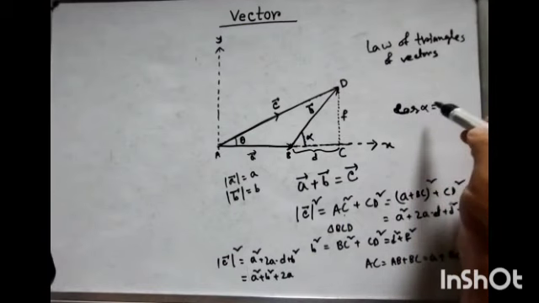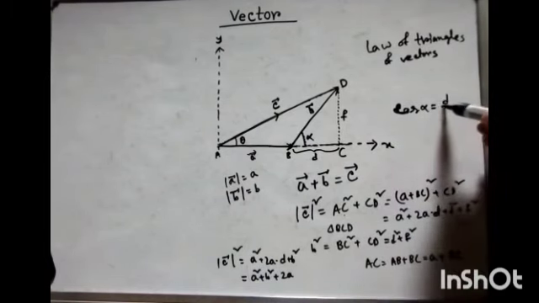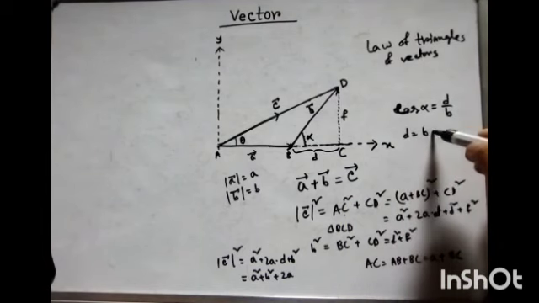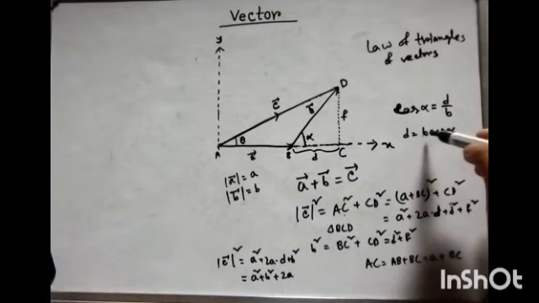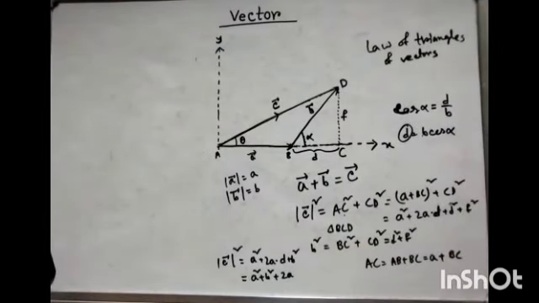Cos alpha means base by hypotenuse, so this will be D by B, so that means D is equal to B cos alpha. B is our known term, alpha is our known term, D is our unknown term, so D is equal to B cos alpha.